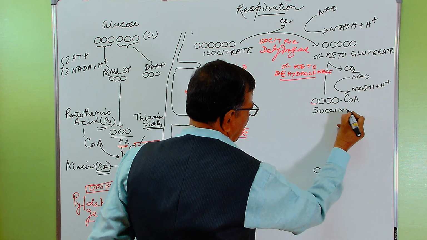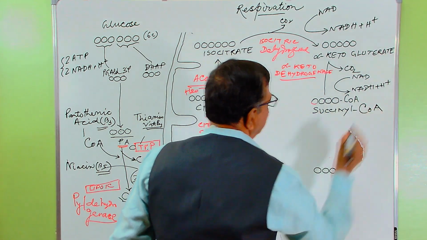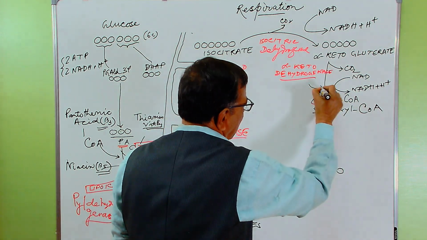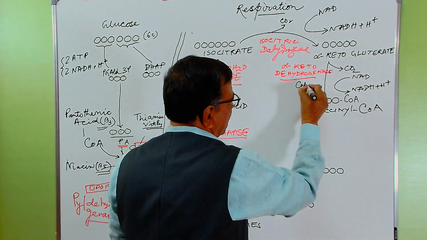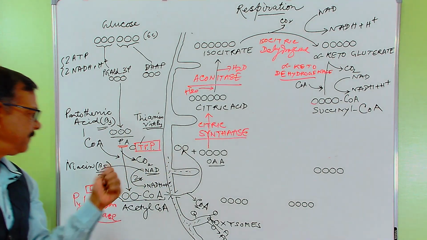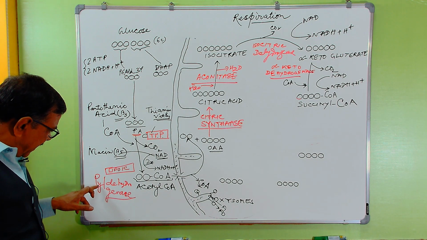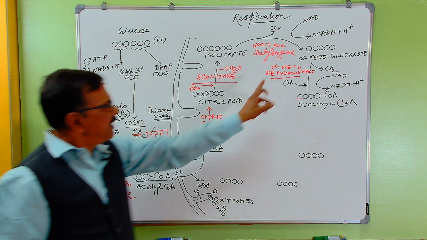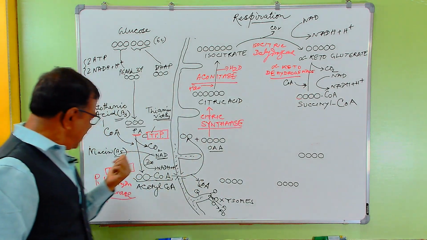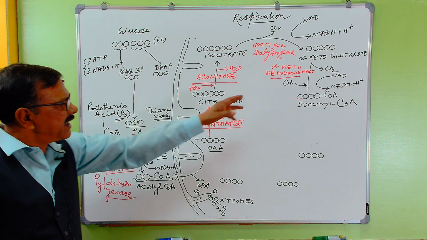Here coenzyme has not entered yet anyway. Some CoA will come in. It is the same reaction we have come across here with pyruvic dehydrogenase. Here it is alpha keto glutarate dehydrogenase. Here CO2 goes out and CoA is entering.